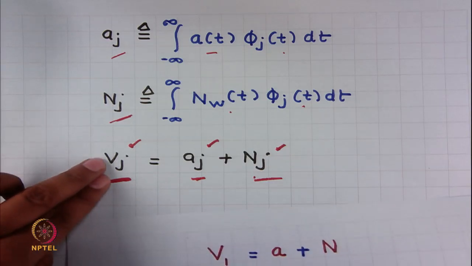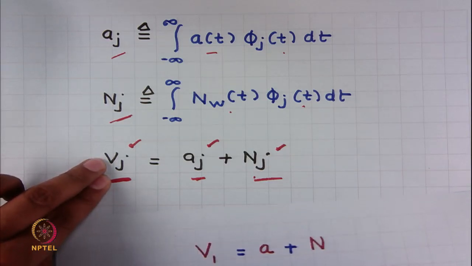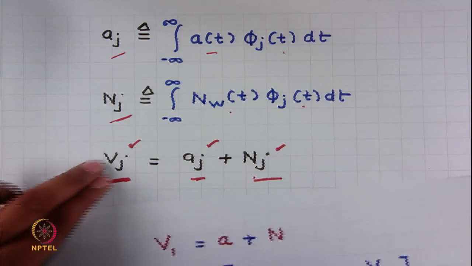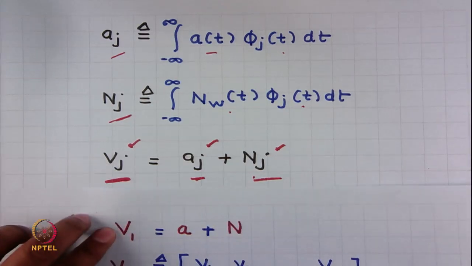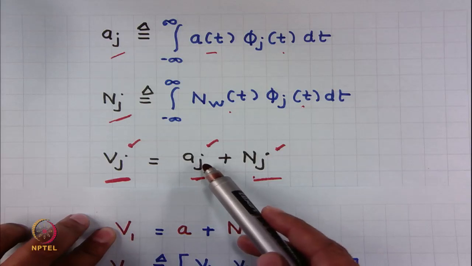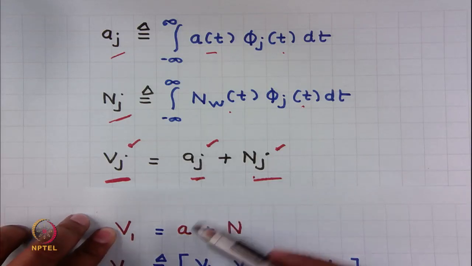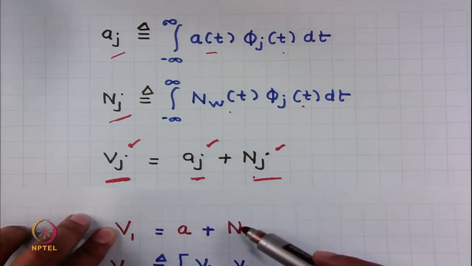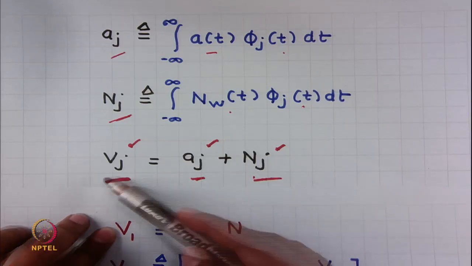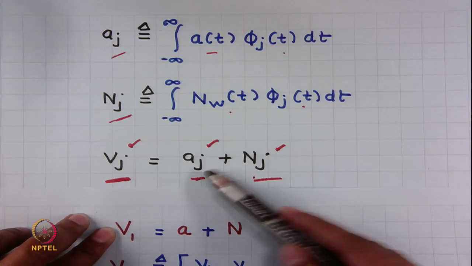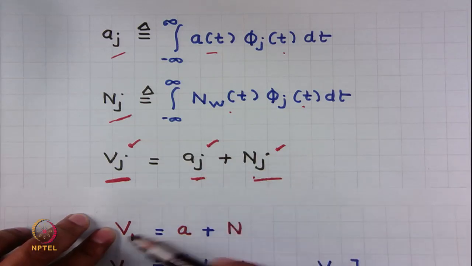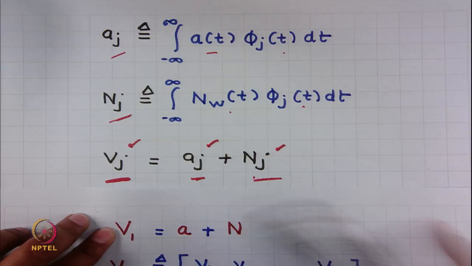So, this relates that the coefficients of this random vector V 1 is sum of coefficient of vector A plus coefficient of random vector n. If V j is a j plus n j, then we know that V 1 is also a plus n.